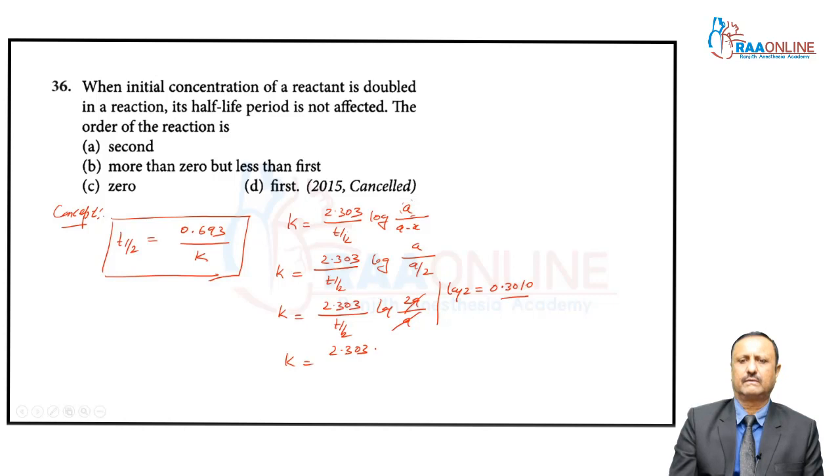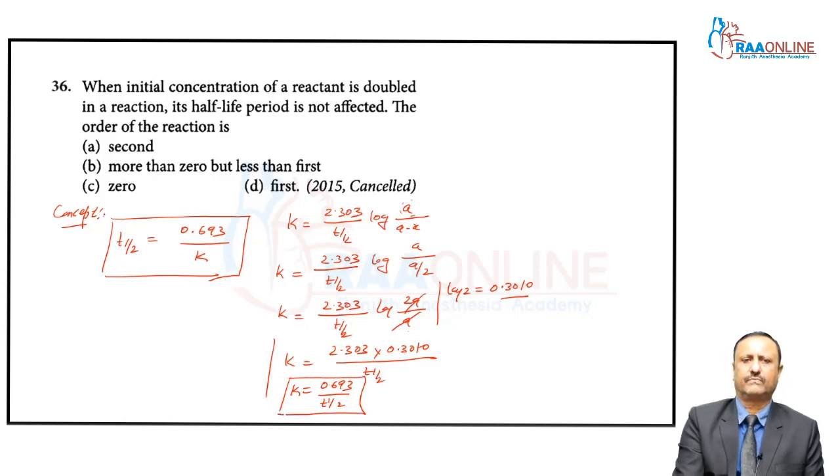So you put the values 0.3010 upon T half. You can see the initial concentrations cancel with each other. So you get 0.693 upon T half, which equals k.